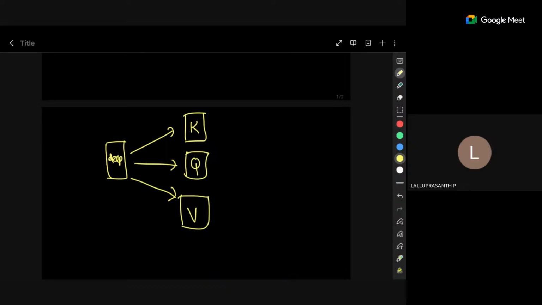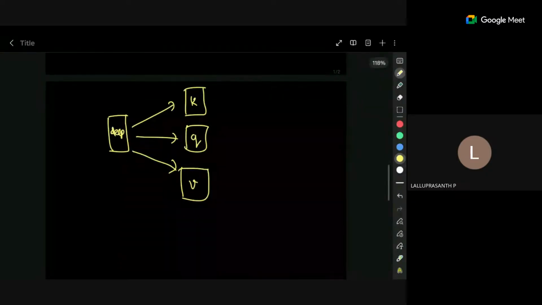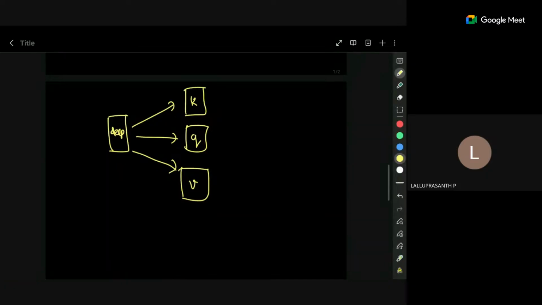Right. So these are vectors, as of now I'm talking about vectors only. They can have similar or different sizes, it doesn't matter.